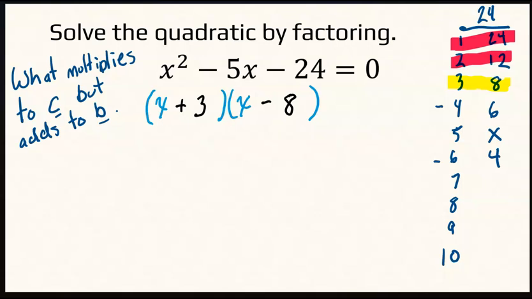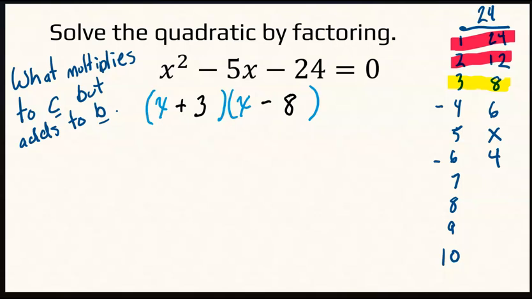Oftentimes I get this question: how do you figure out the signs in the parentheses? Well, the answer is you want to combine these two numbers to equal the b term. So you want b to be negative 5. So 3 plus negative 8 is negative 5.